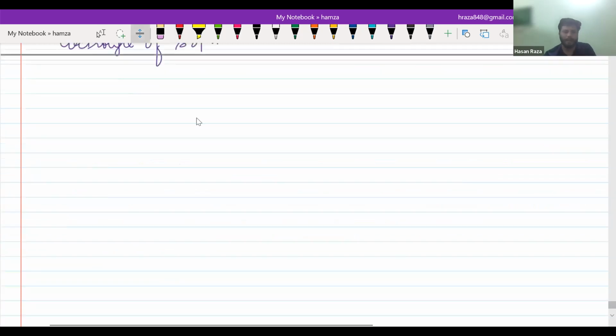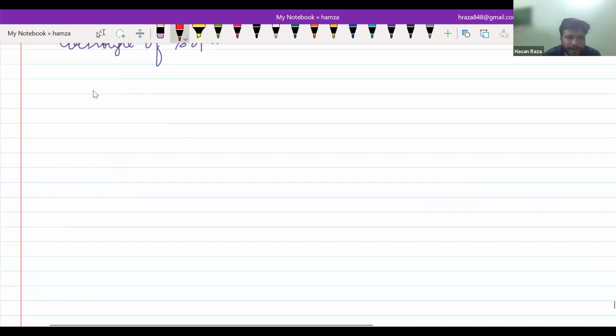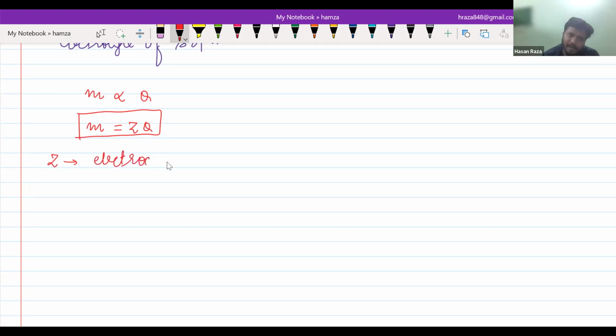Mass is directly proportional to charge, and this M is the mass of substance deposited or mass of gas liberated. To remove this proportionality sign, we get a constant denoted by Z, and this Z is the electrochemical equivalent.